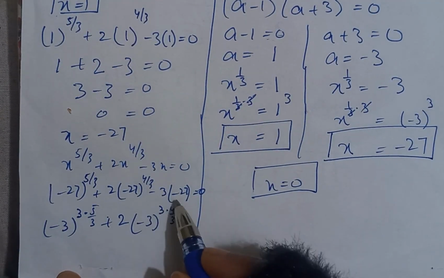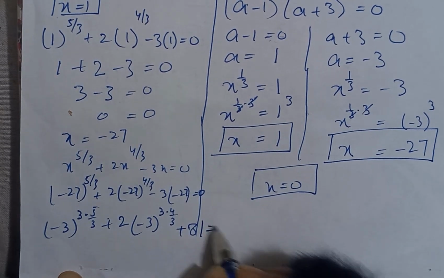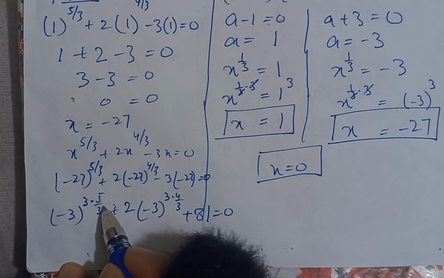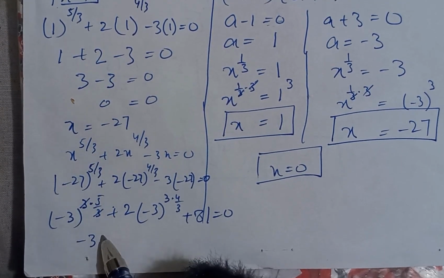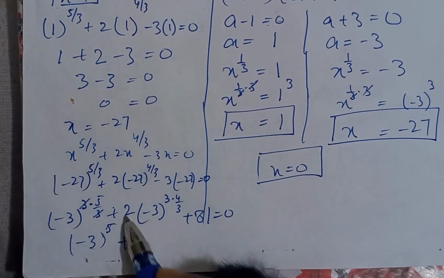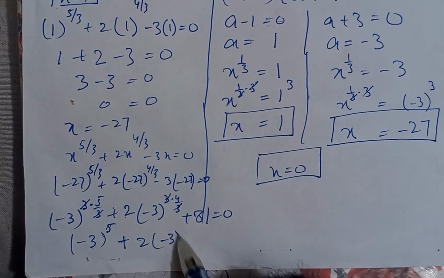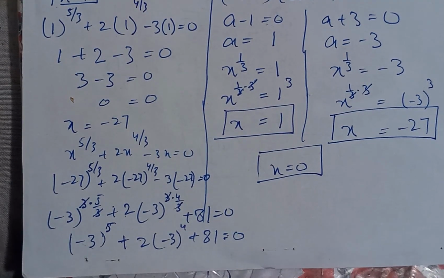And minus 3 multiplied by minus 27 is plus 81, which is equal to 0. Now look at this, 3 and 3 will cancel, we just get minus 3 raised to the power 5, plus 2 times minus 3 raised to the power 4, plus 81 is equal to 0.